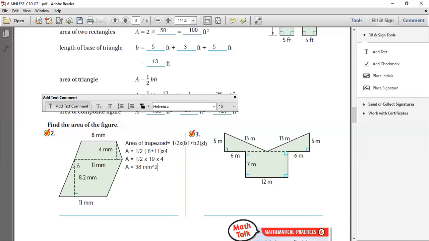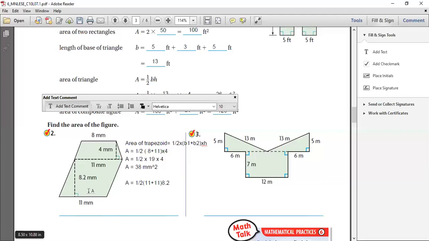That's this one. We will be using the same formula, because we have both the bases and we have the height. So it's almost like a trapezoid also. That's going to be 1/2 multiplied by (base 1 is 11 plus base 2, which is also 11) multiplied by the height, that's 8.2.